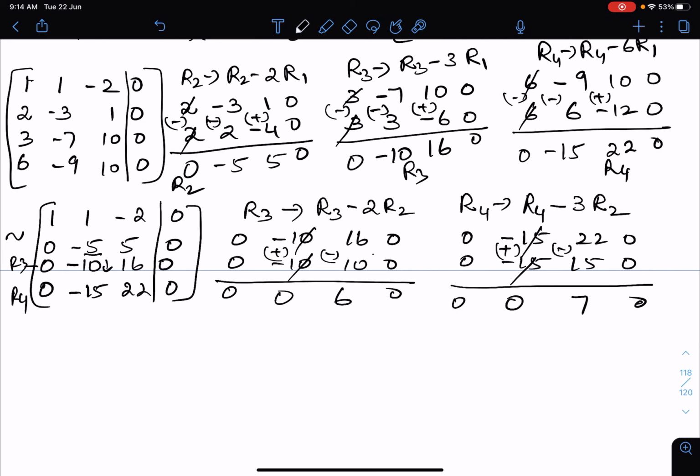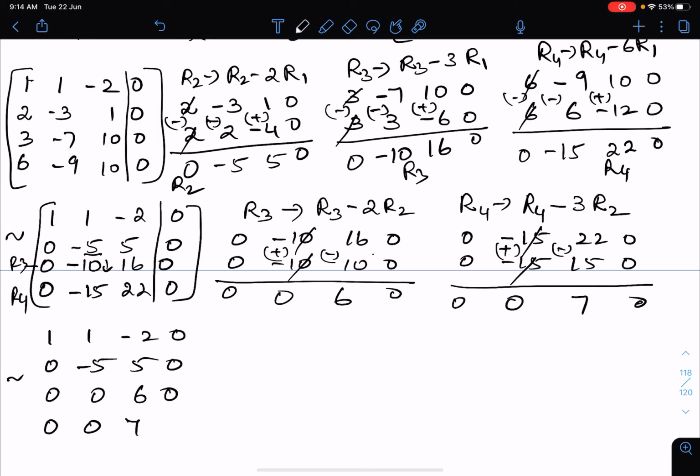Now you can write your elements. Equivalent matrix. First row remains the same. Second row also remains the same. What about third row? 0, 0, 6 and 0. And our fourth row, 0, 0, 7 and 0. Drop the line.